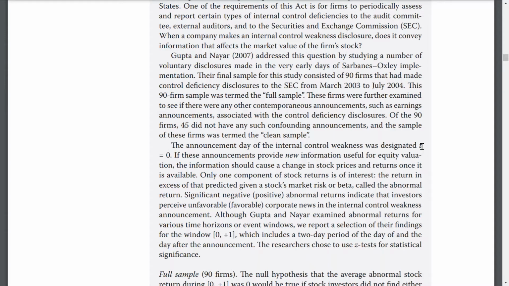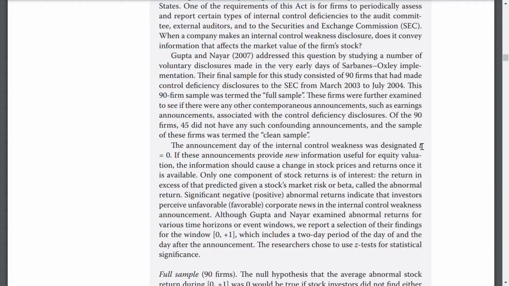These firms were further examined to see if there were any other contemporaneous announcements, such as earnings announcements, associated with the control deficiency disclosure. Of the 90 firms, 45 did not have any such confounding announcements, and this sample of firms was termed the clean sample.